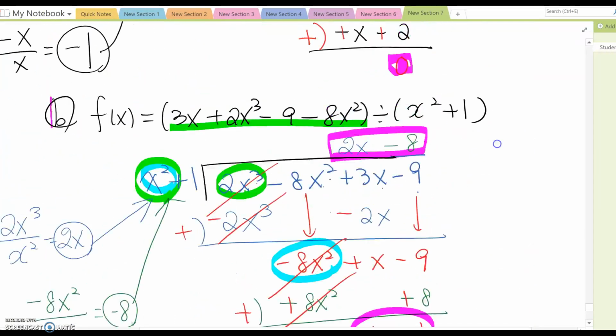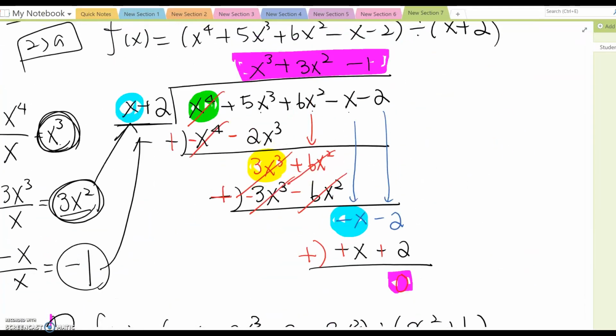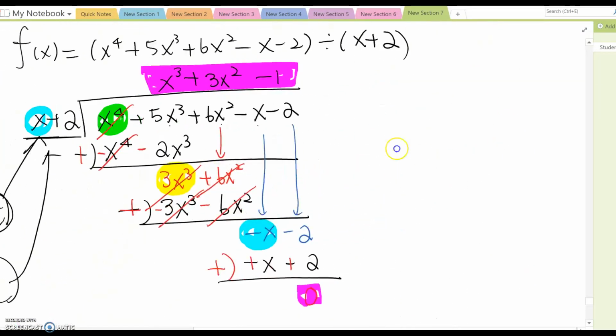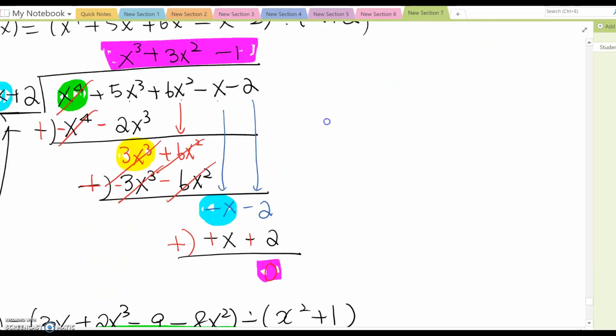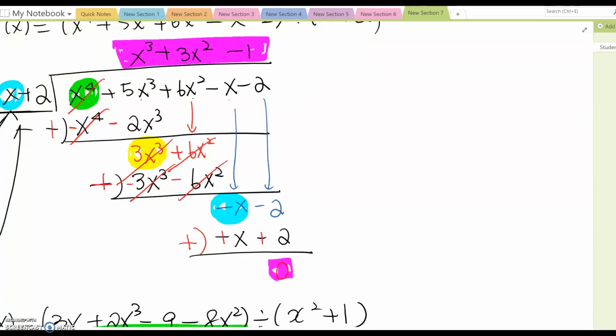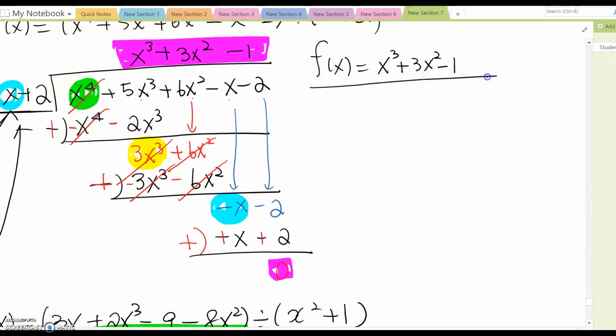In this case we just go back to the previous question. So we can write the answer f(x) equal to x cubed plus 3x squared minus 1. And now there's no remainder, so that should be the answer for this case.